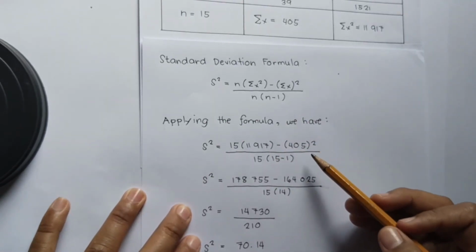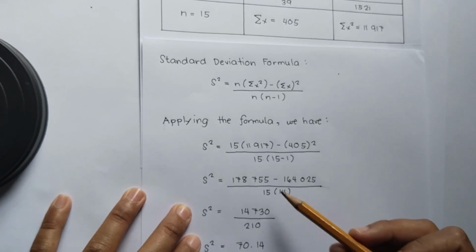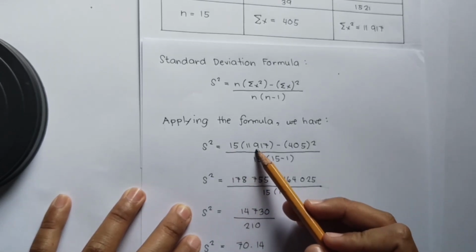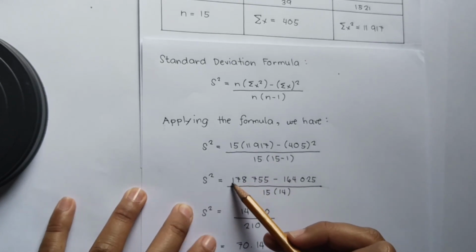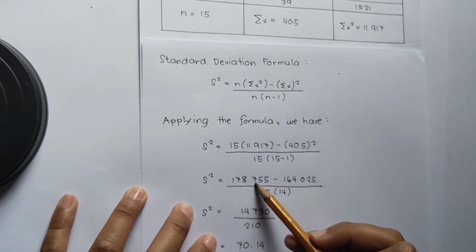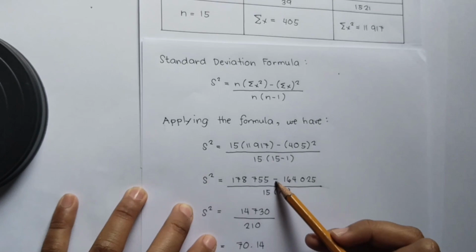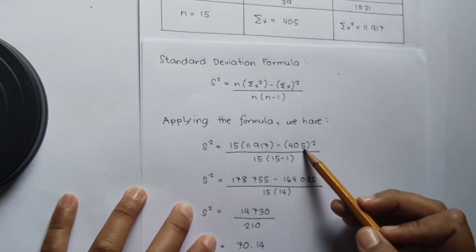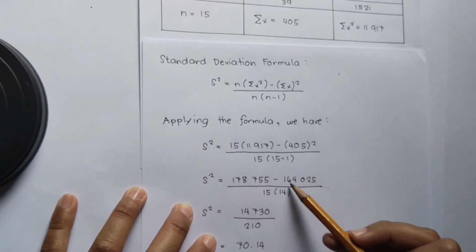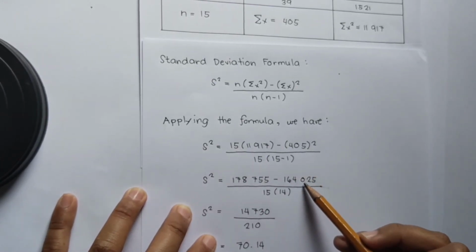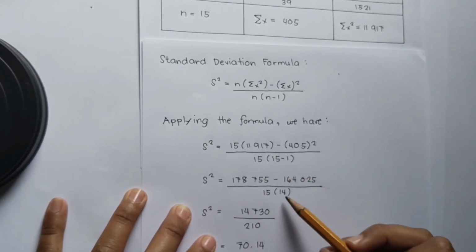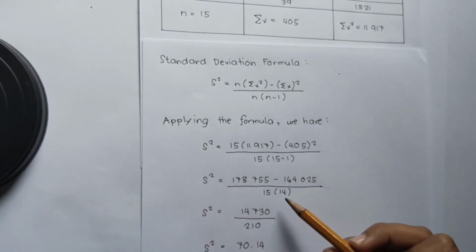So, ngayon, isi-simplify lang natin siya. So, dito, 15 times 11,917 is equals to 178,755 minus yung value na ni 405 times 405, 164,025 over 15, yung 15 minus 1 is equals to 14.